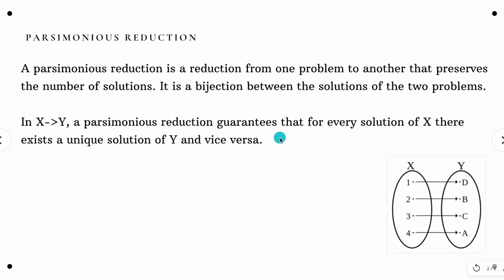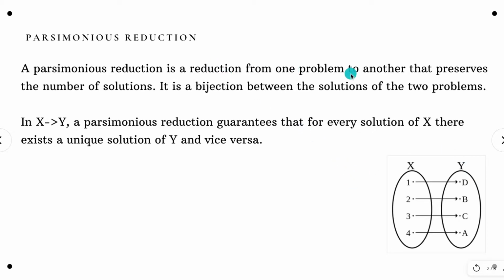What this means is that generally in a reduction, if there exists a solution for x, that means y must have at least one solution. So in parsimonious reduction, the extra condition that is imposed is that for every solution of x, there exists a unique solution of y, and vice versa.